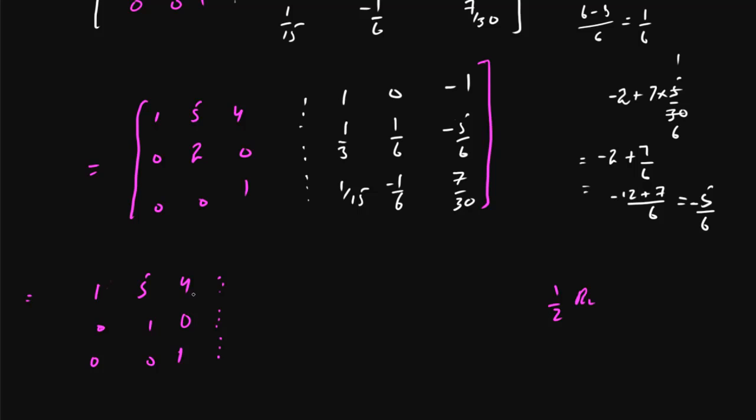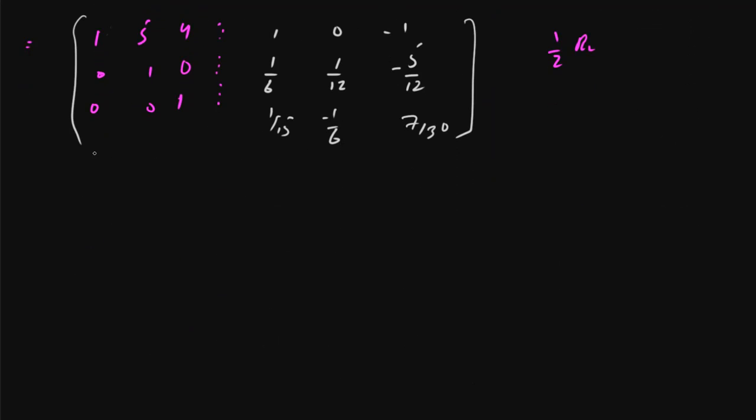Next we have 1 0 minus 1, 1 over 6 and 1 over 12, and we have minus 5 over 12. Okay, and we have 1 over 15, minus 1 over 6 and 7 over 30, and we have that one.